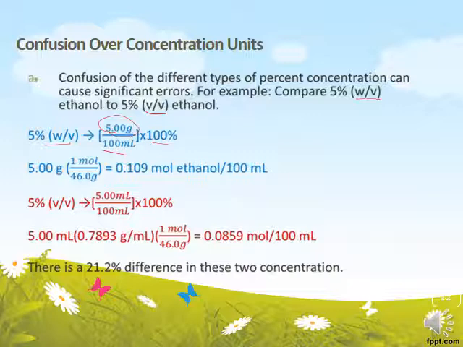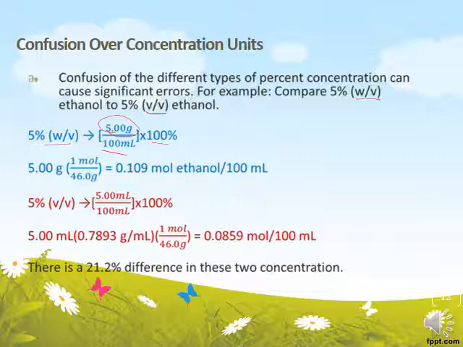So we have to convert this into molarity. That is how the strength of the solution can be expressed. So how do we do this? This is the mass of the solute.